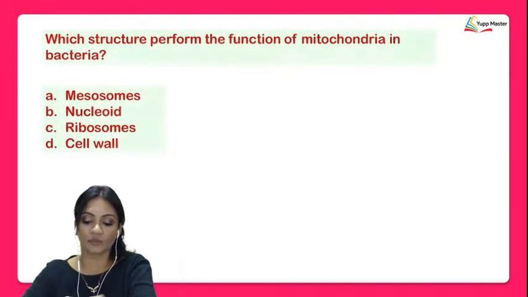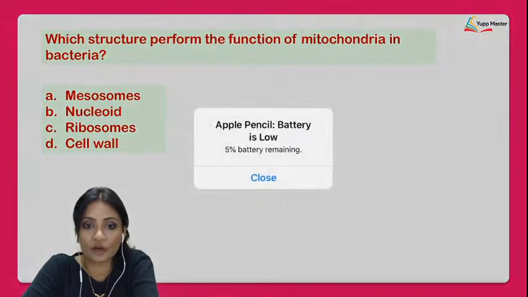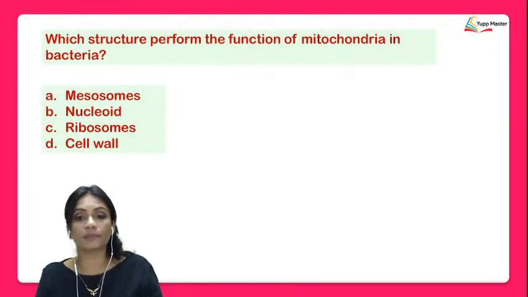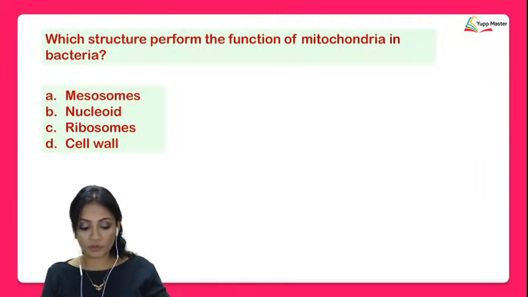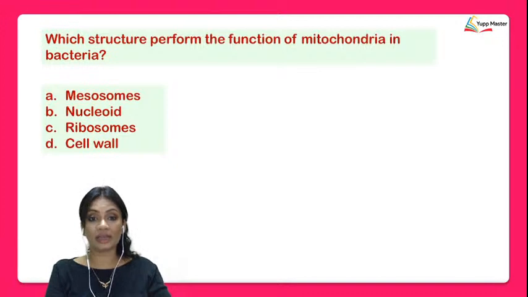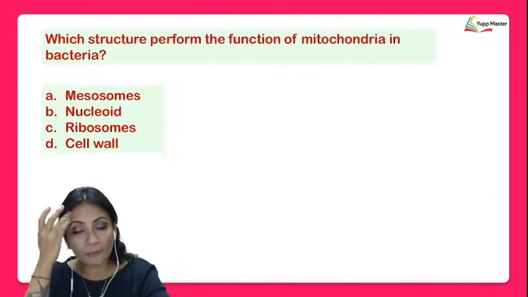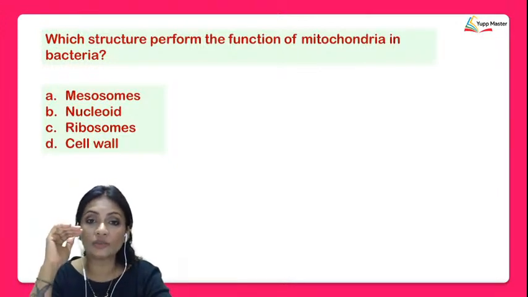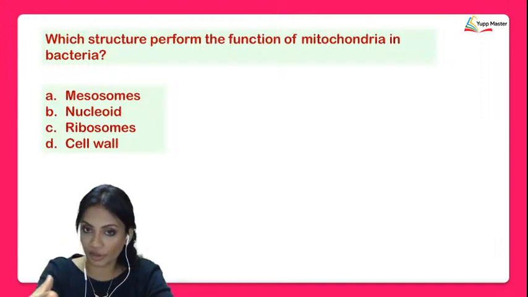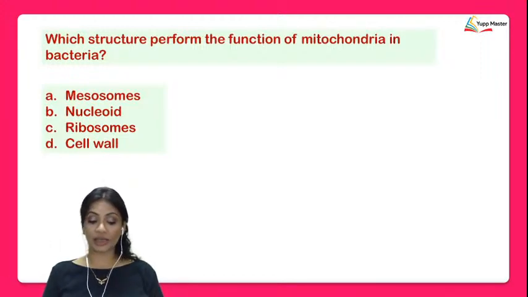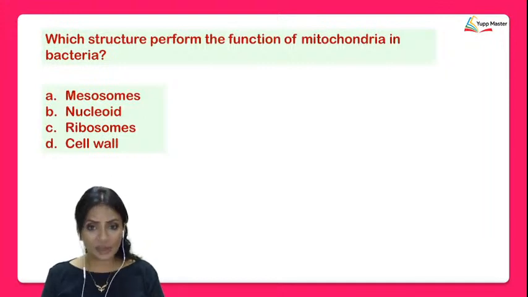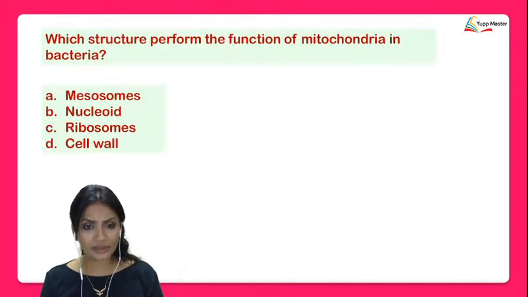Next. Which structure performs the function of mitochondria in a bacteria? First of all, mitochondria means that it is going to be doing the work of generation of ATP, right? Which of these do you think actually is going to do that? The cell wall, the ribosomes, or the nucleoid? Do you think the nucleoid?